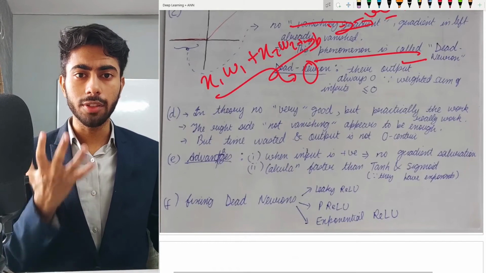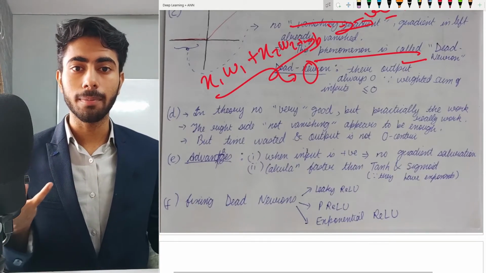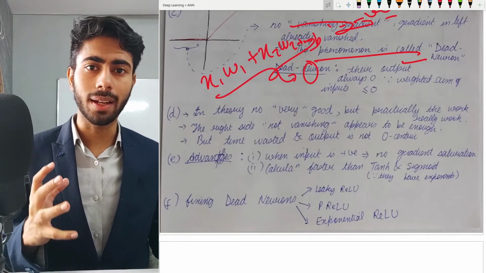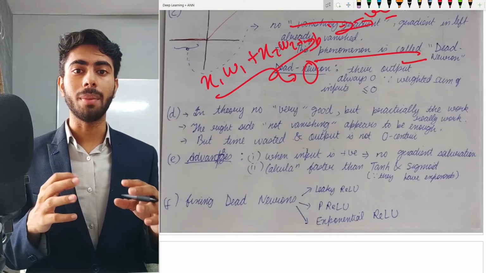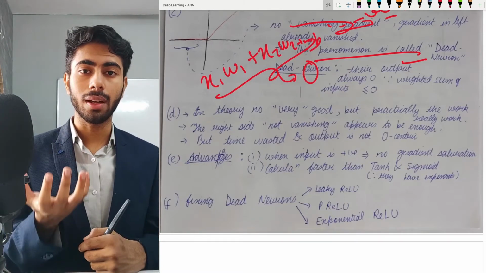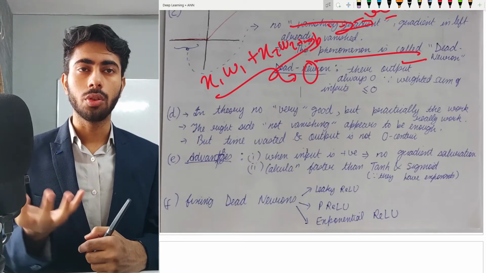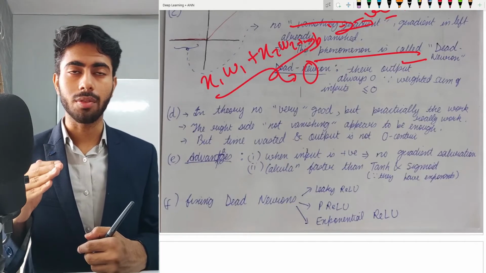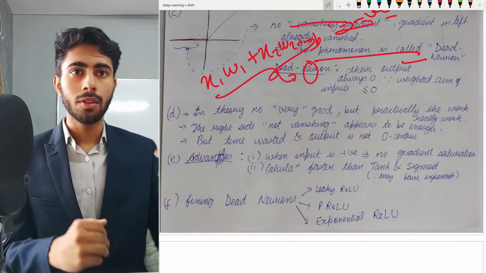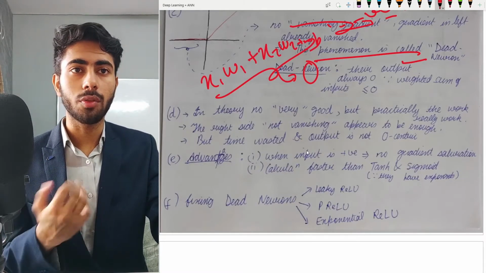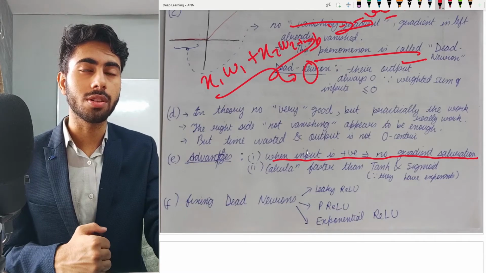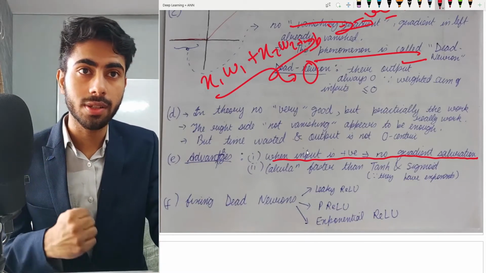In theory, we can see that our ReLU activation function is not very good. But in practical life, whenever we are implementing our ReLU activation function in our neural networks, we get amazing results. So even though theoretically this activation function is not very good, practically it works very fine. If we talk about the advantages of ReLU, whenever the input is positive, there will be no gradient saturation, which was the case in sigmoid and tanh.